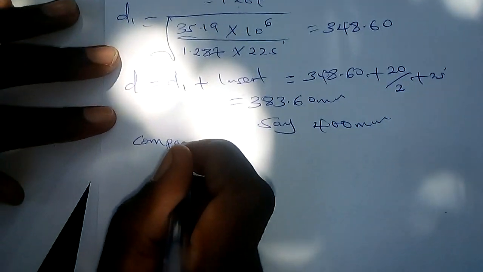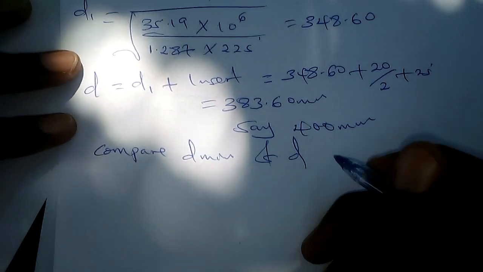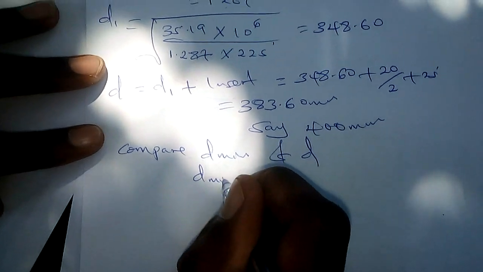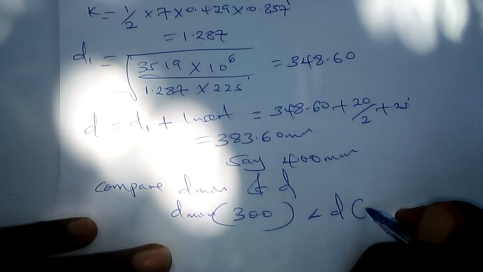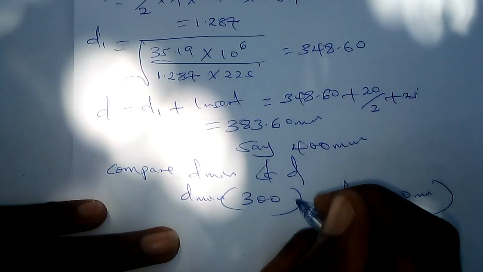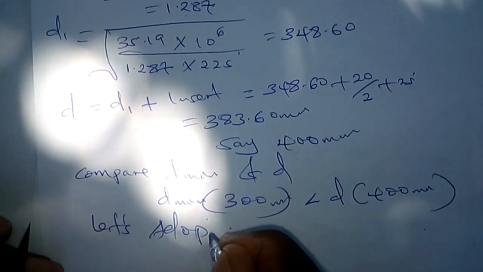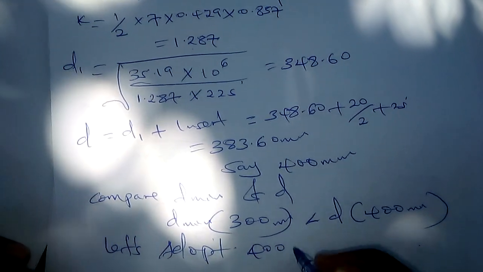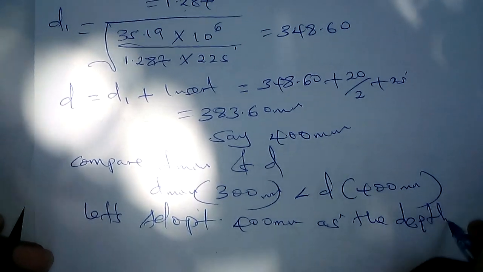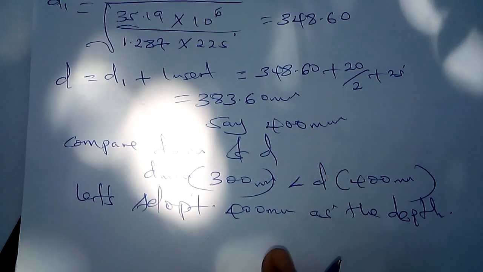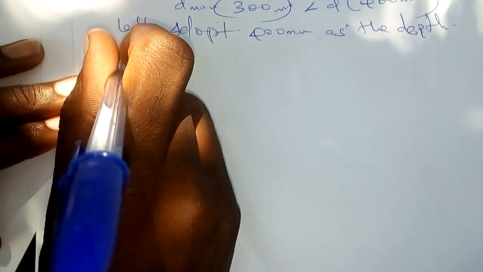Compare D minimum and D. D minimum is 300, which is less than D actual 400. So let's adopt 400 millimeter as the depth. We adopt the greater.